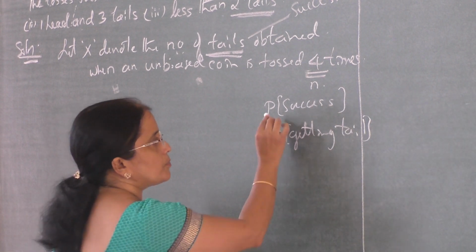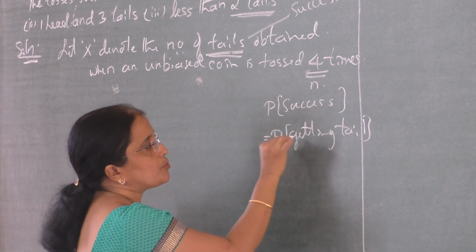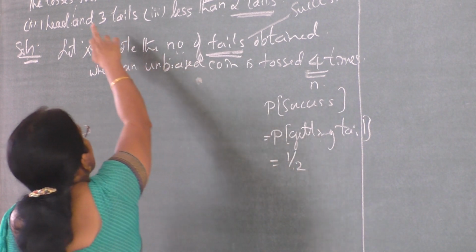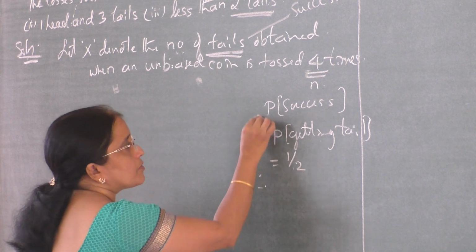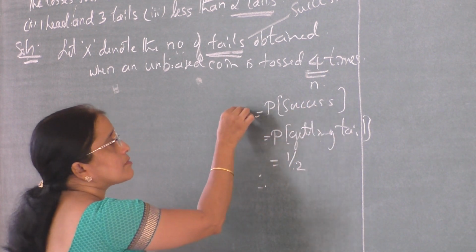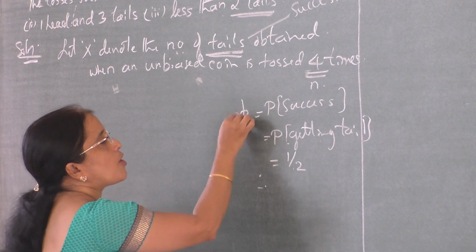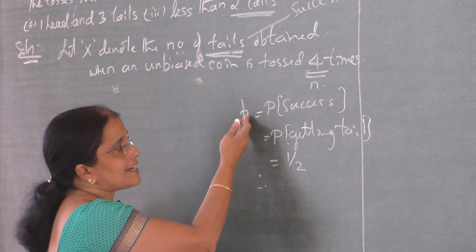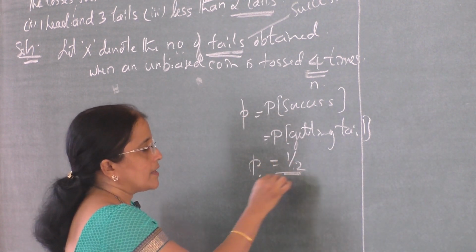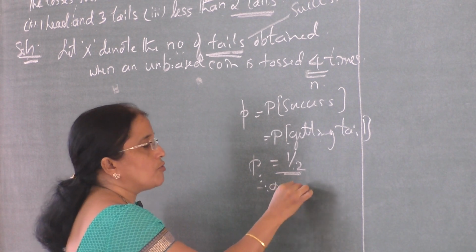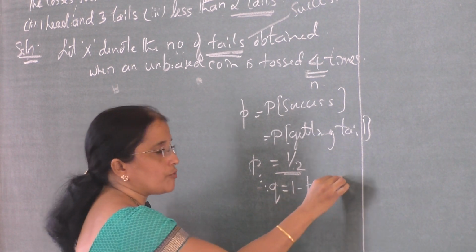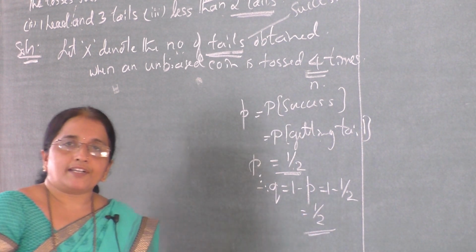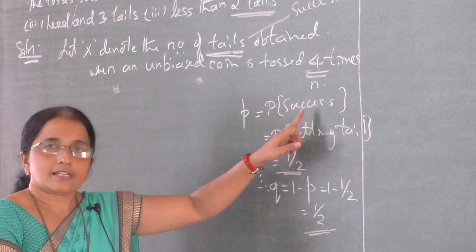So the probability of success is equal to half, since it is given unbiased. Therefore, the probability of success in a binomial distribution is the small letter p, the parameter of the binomial distribution. So p is equal to half. Therefore, q equal to 1 minus p, which is 1 minus half, equal to half. This is the way to find the probability of success.